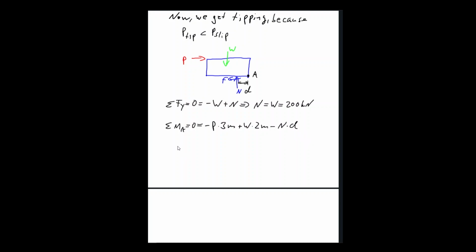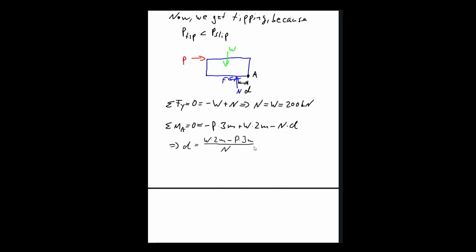So now we can go ahead and solve that for D. Basically we'd bring this one over so the stuff there stays the same. We're not looking for N, we're looking for D. So D would be equal to, the signs stay the same, W times 2 meters minus P times 3 meters, divided by N. Now, what do we have there?